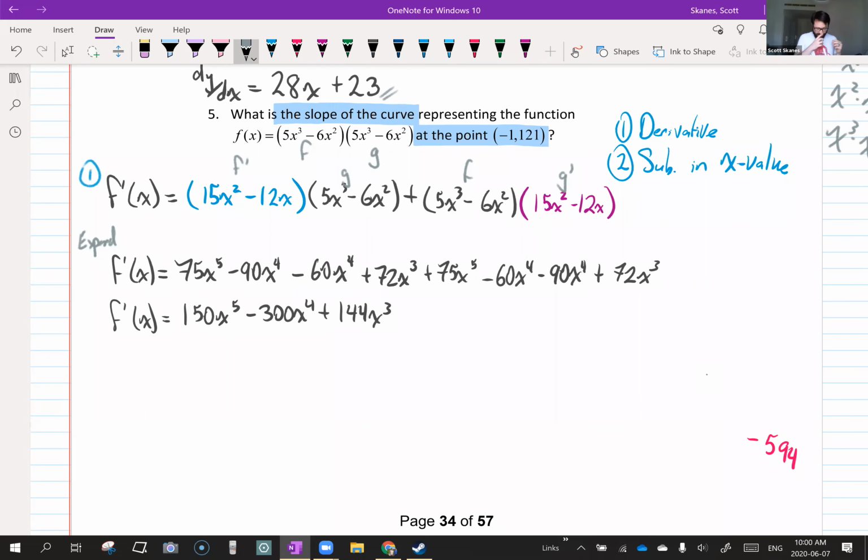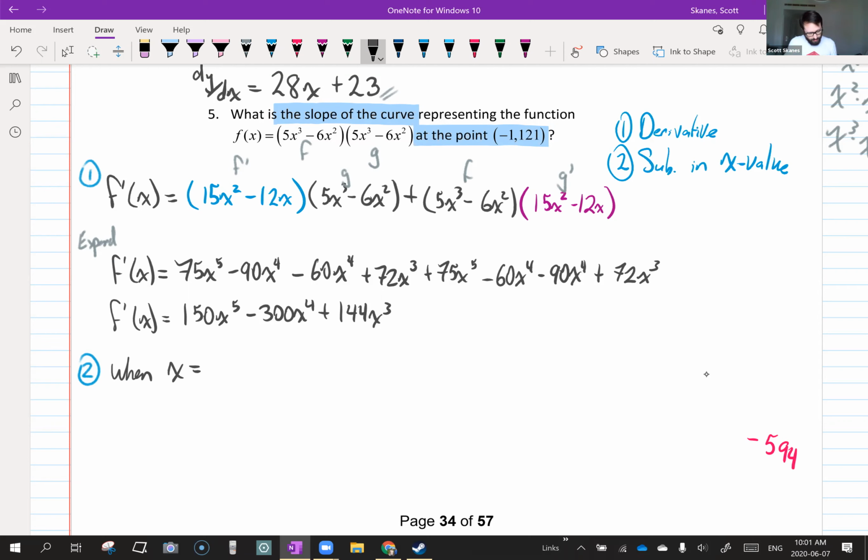Anyway, so this is our derivative of the original function. Our second step is to get the slope. So when x equals, let's just do a quick check here. What x value are we putting in here? We've been given an x value. Which value are we actually going to use? Negative 1.